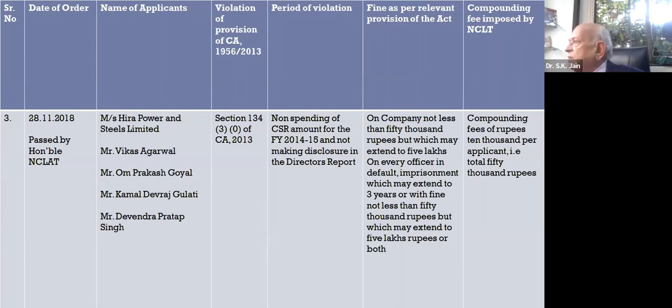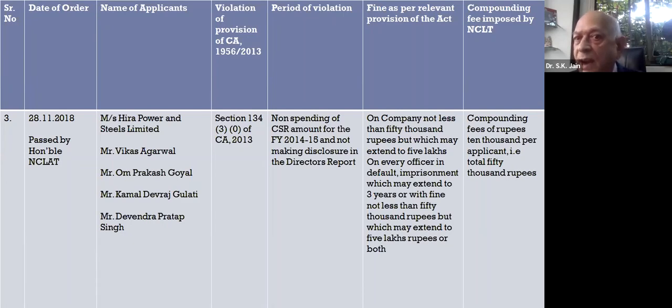If you recollect, under the Companies Act 2013, if supposing the CSR amount which is required to be spent is not spent, then the directors in the board, in their director's report, have to give reason for not spending. If that reason is given, then it is not punishable.